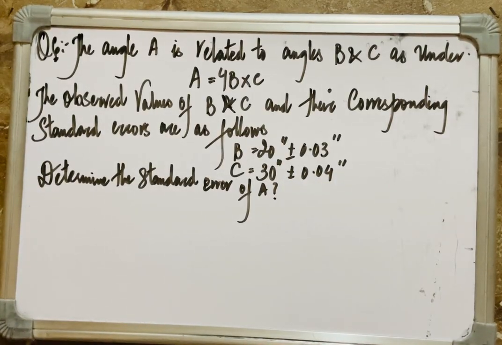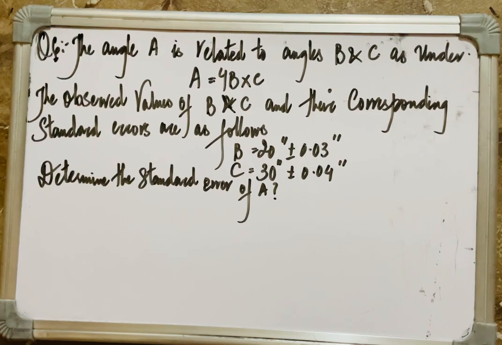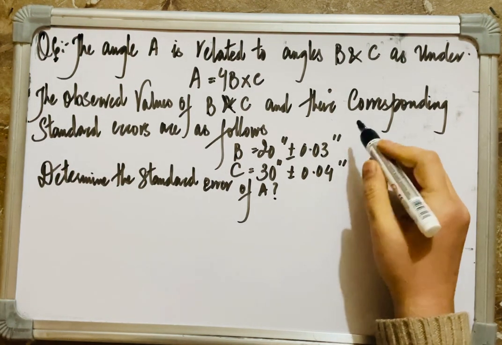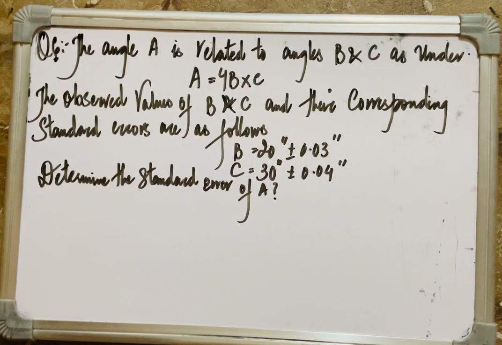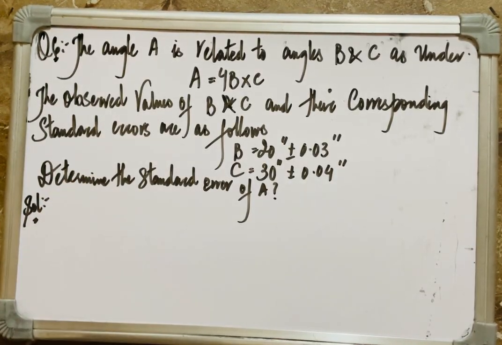All right, so the question is, the angle A is related to the angles B and C as under: A is equal to 4B multiplied by C. The observed values of angles B and C and their corresponding standard errors are this much. We have to calculate the standard error of A. We'll do the same thing: we'll differentiate, then sum them up to find the combined effect of the errors in each of the observed quantities on the computed or derived quantity.